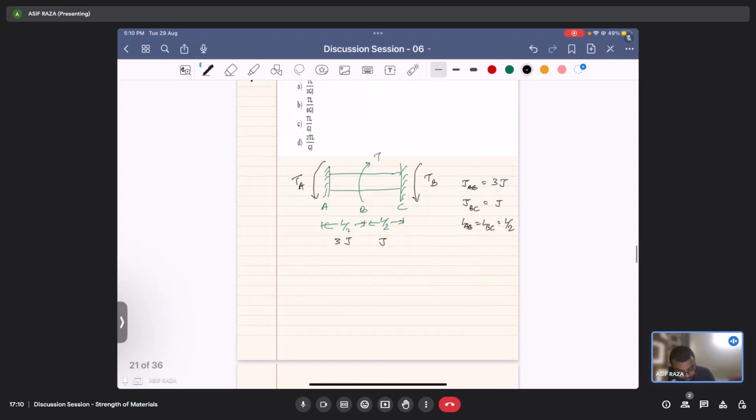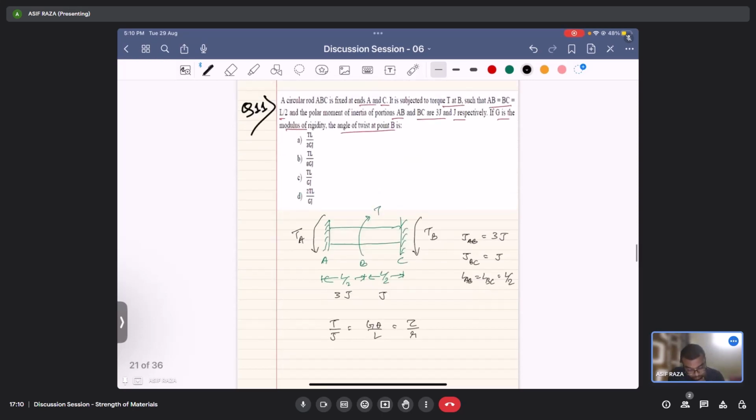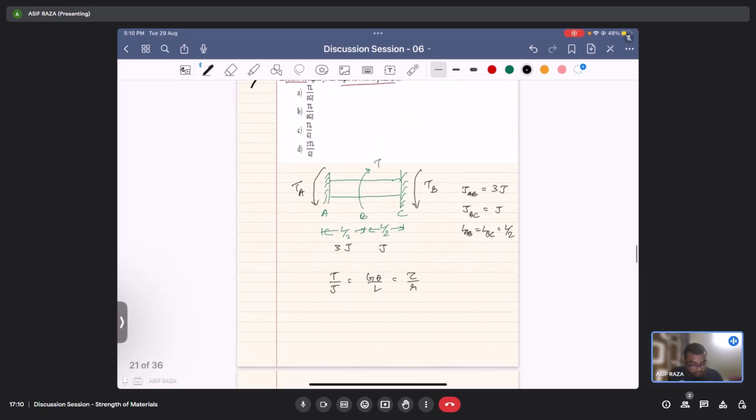We'll write the torsion equation, that is T by J equals G theta by L equals tau by R. So we need to find the angle of twist at point B, and we are given the torques and polar moment of inertia.